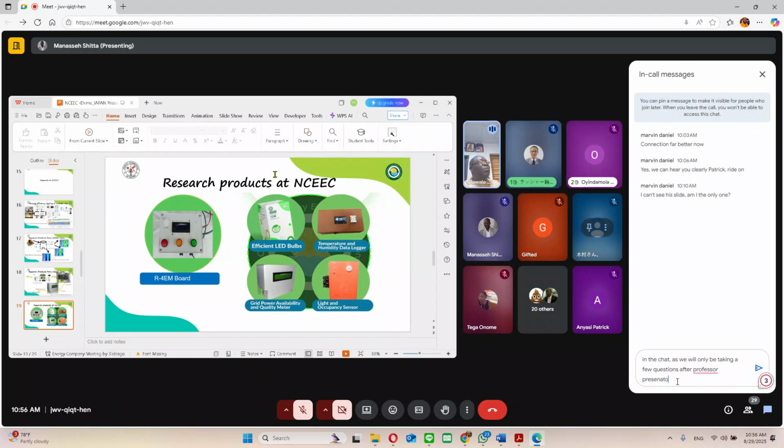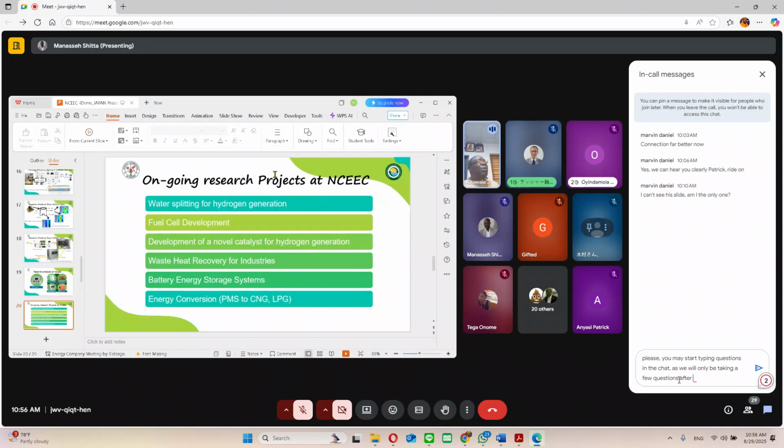We have a grid power availability and quality meter, in one phase and three phase. And then we have a light and occupancy sensor, temperature and humidity data logger, efficient LED bulbs, and so on and so forth. These are just a few of the products that we have developed.